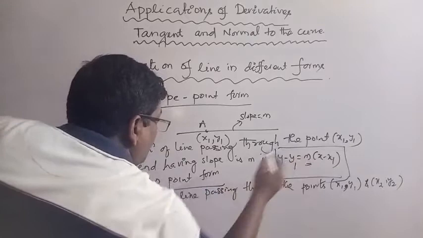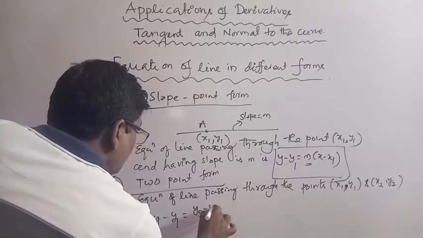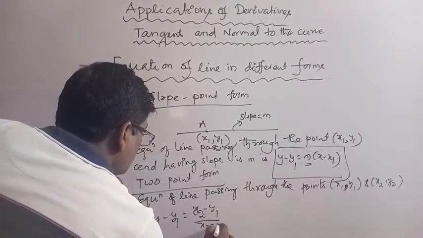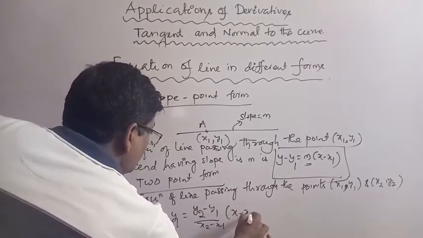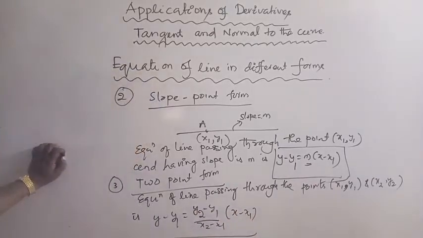What is the formula for m? It is y2 minus y1 divided by x2 minus x1. This is the 2-point form of the equation of line.